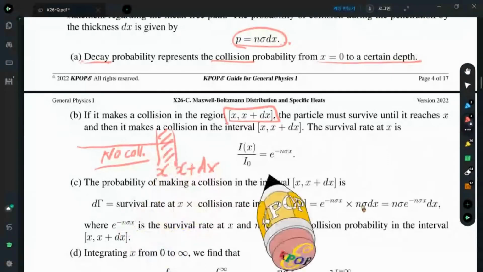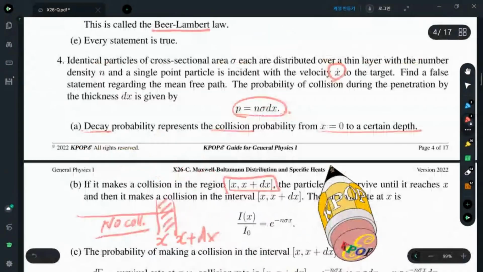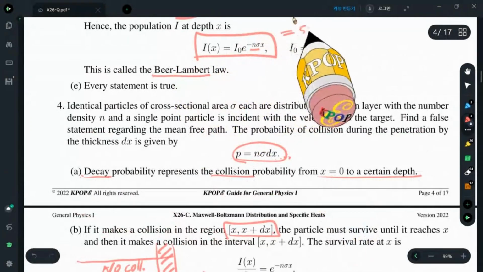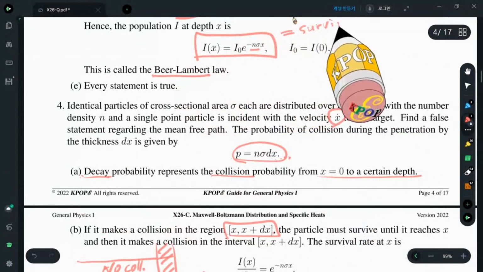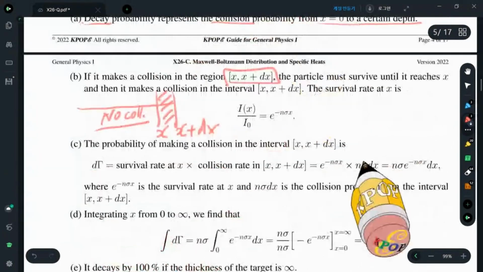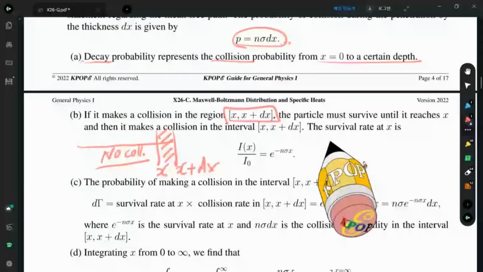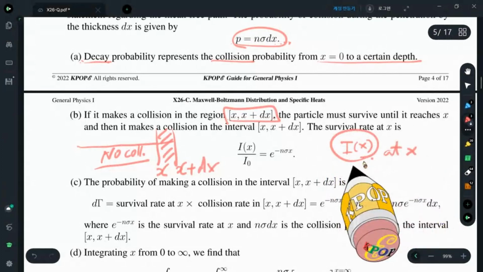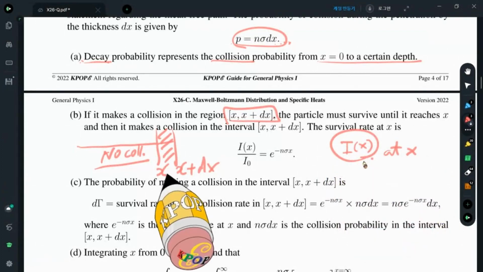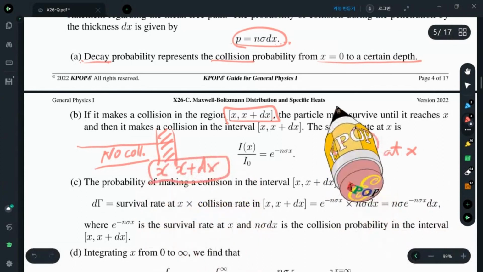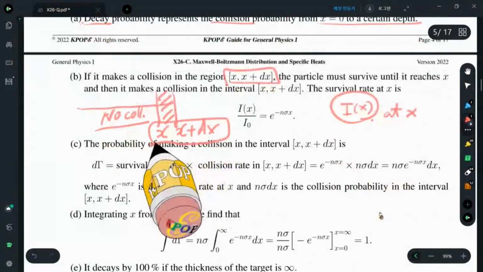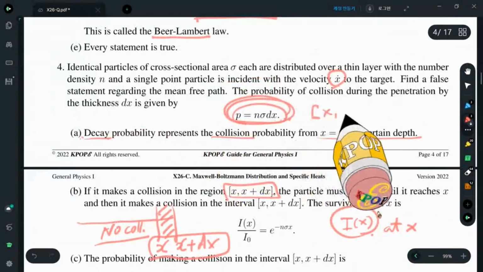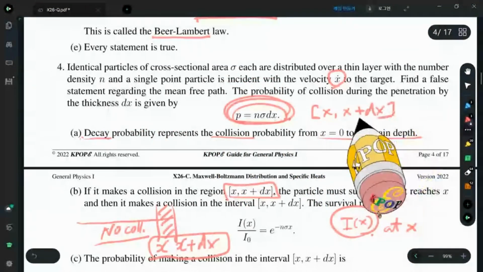Okay? This population is a survival. So it should survive, I of x. It should survive at x, and then it makes a collision during this process. The collision probability in between x and x plus dx is this.